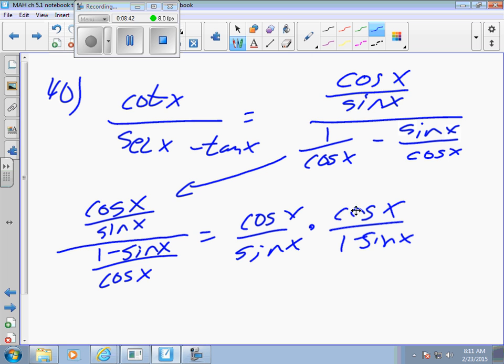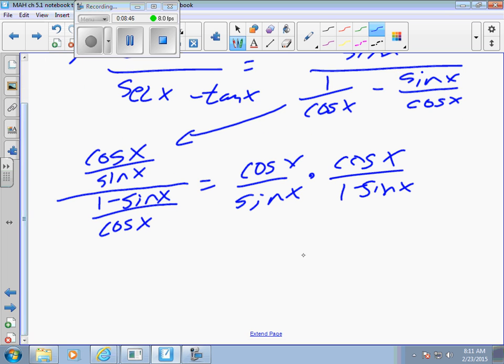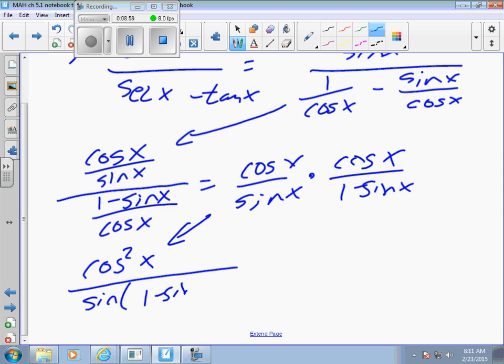And if I simplify that down, I'm going to have, again, the cosine squared x over sine times 1 minus the sine.